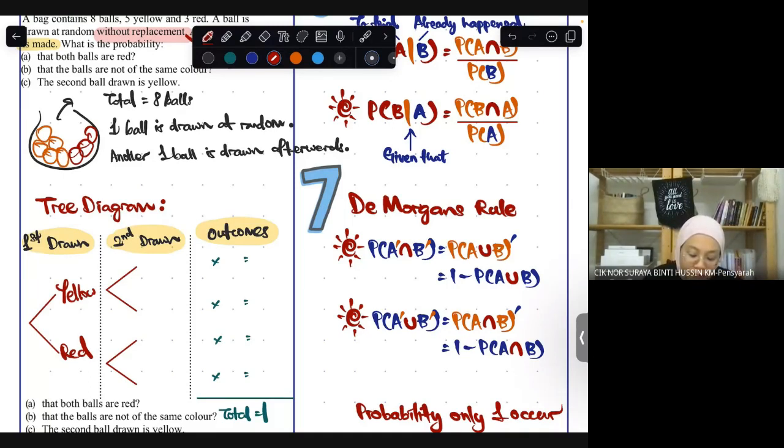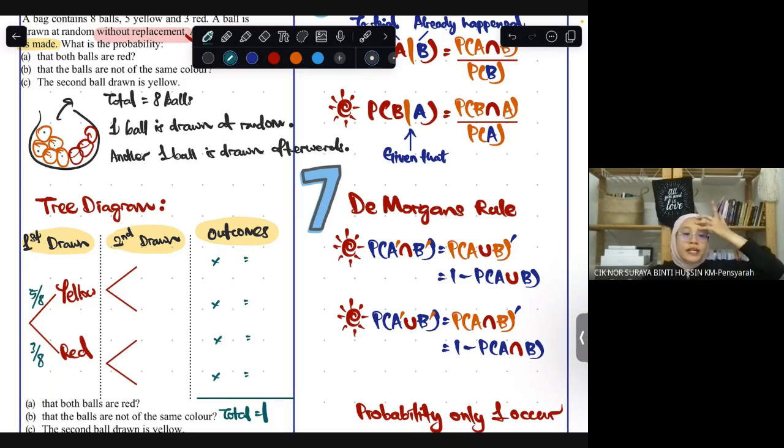So the probability of getting a yellow is how many? From 5 yellows, you will take one of them. So there are 5 probability of yellow out of 8 bola. And hence there are 3 out of 8 chances of the red ball that you will catch the red ball.